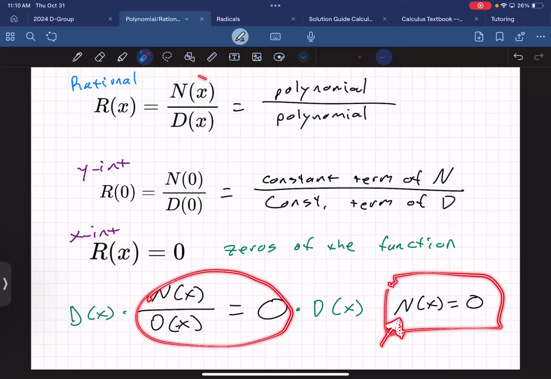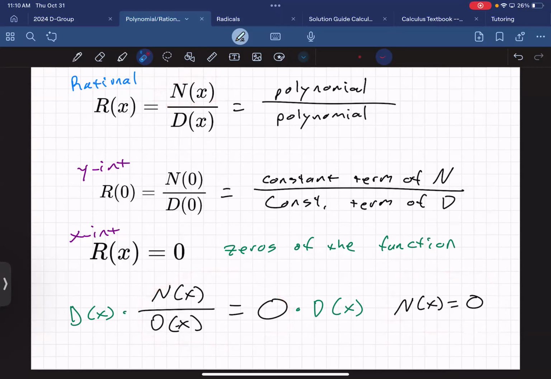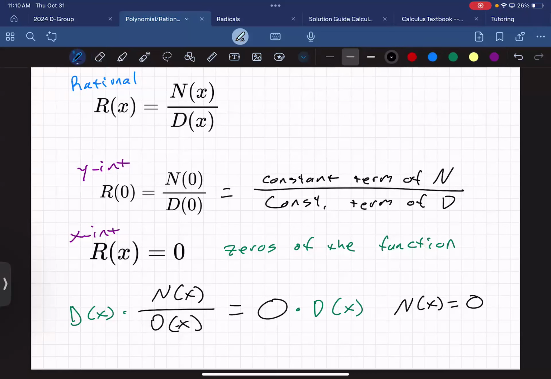So the top part of our function is where we find x-intercepts. What does the bottom function do for us? Well, remember, the bottom part of our function is very important. We would put comma, the denominator cannot be what? 0. So the numerator can be 0, and that will represent x-intercepts, while the denominator cannot be 0. That represents our restrictions.